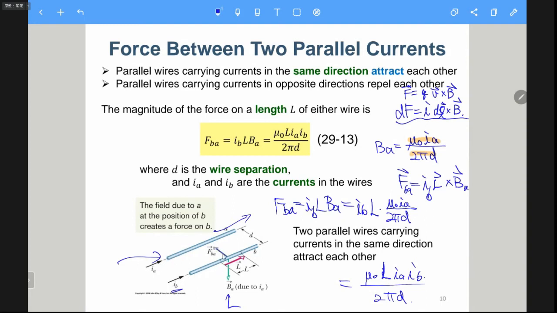So FBA will point to this side, which means it is attracting wire B to wire A. And if IB is pointing in the opposite direction, then FAB will point to the other side, because L in this case points to this side, so L cross BA will point to the opposite side, which is repelling the wire.